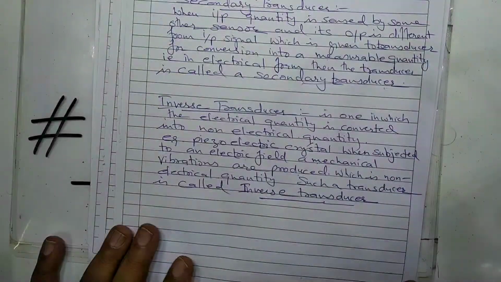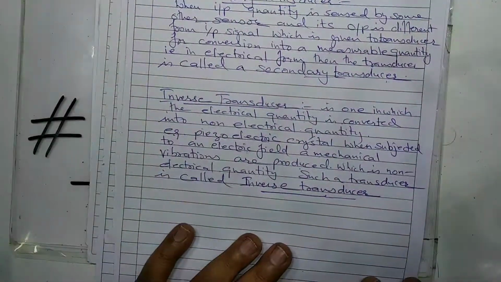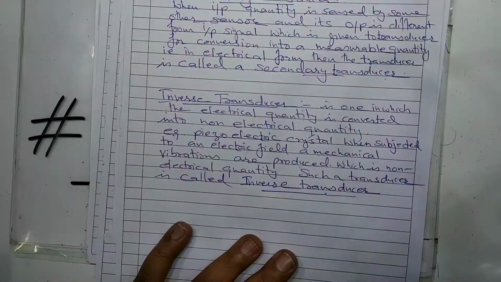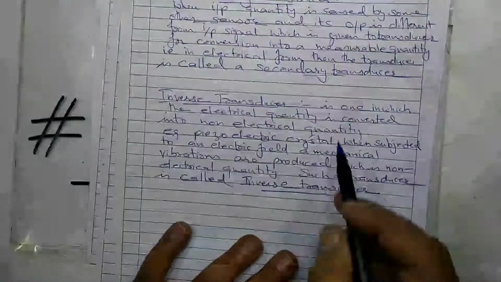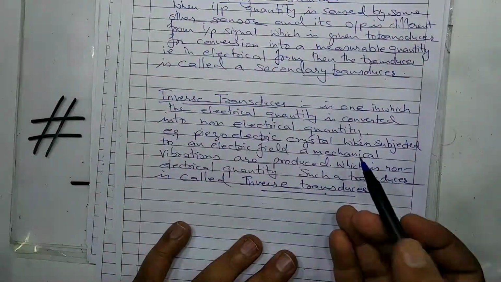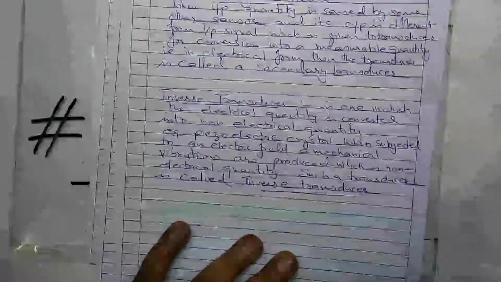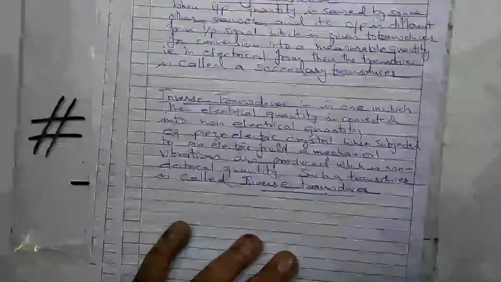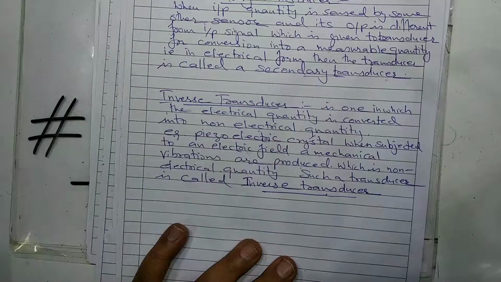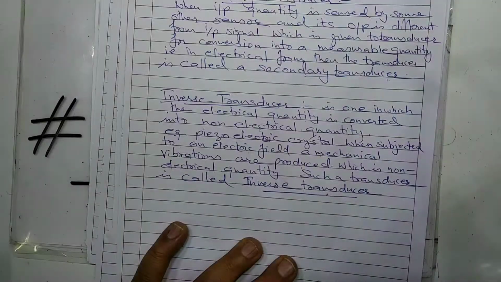Why inverse? Because we require most of the time electrical quantity to be measured. So here we are getting mechanical output by giving electrical input. So this is called inverse transducer. So that is all in the topic of transducers.